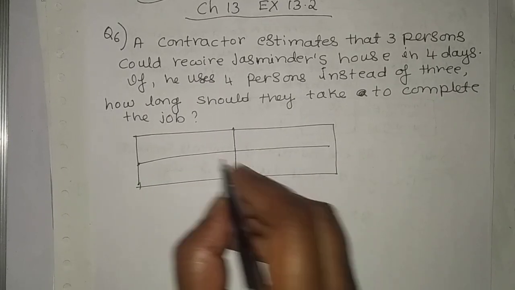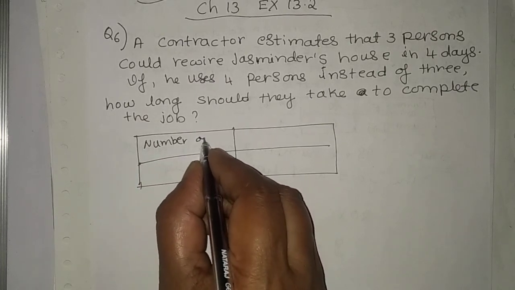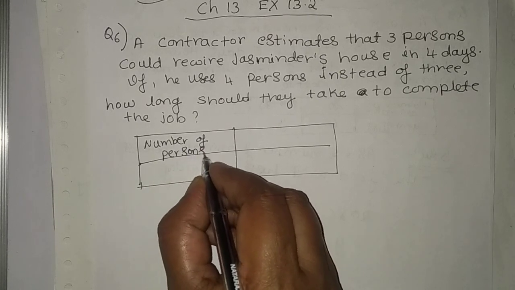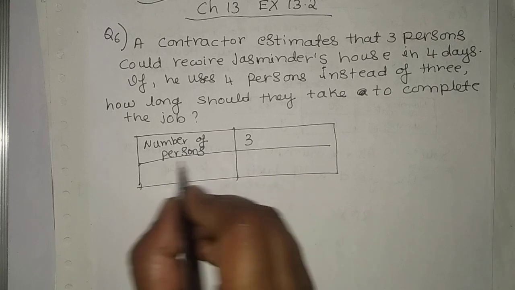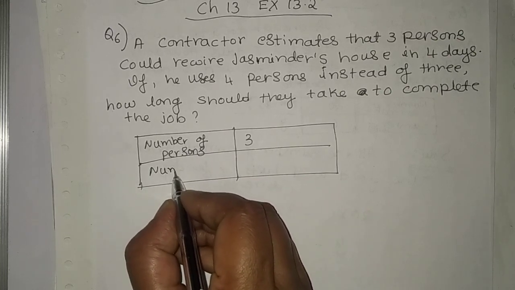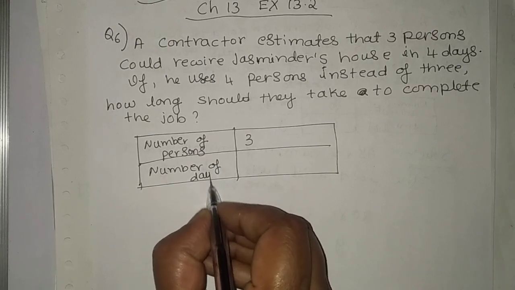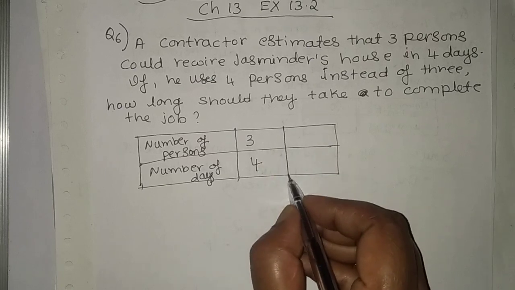We'll take the number of persons, 3, and the number of days, 4.